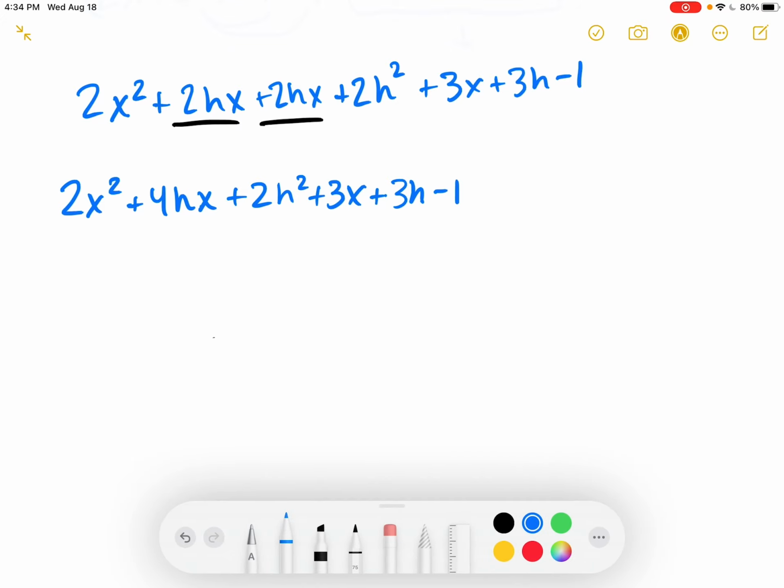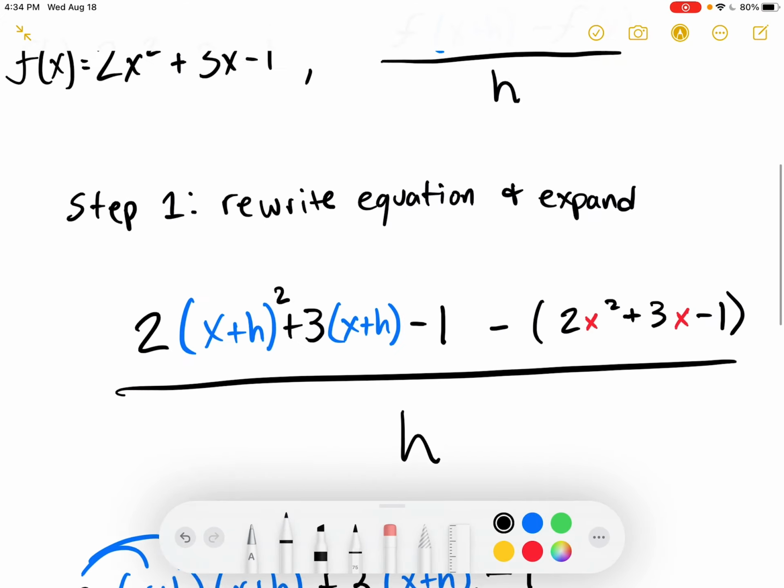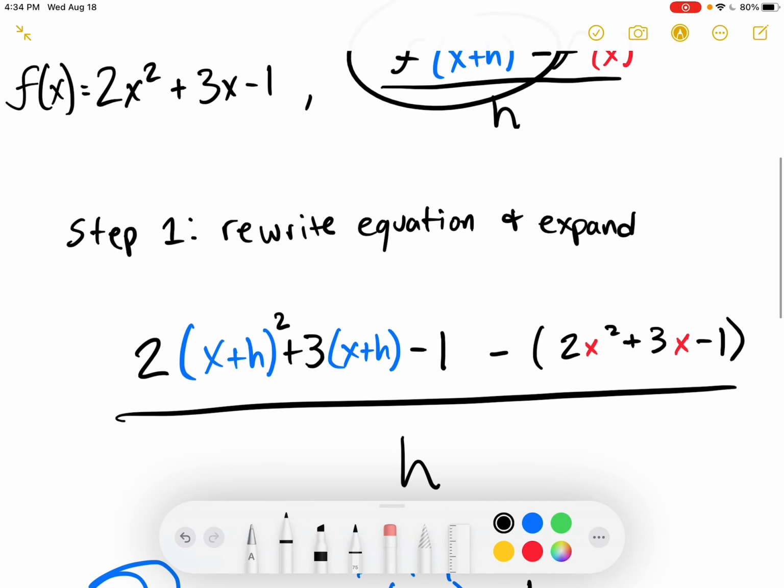Okay, so this right here is this part of the equation expanded, right? Makes sense so far?